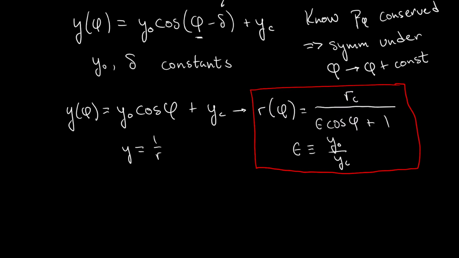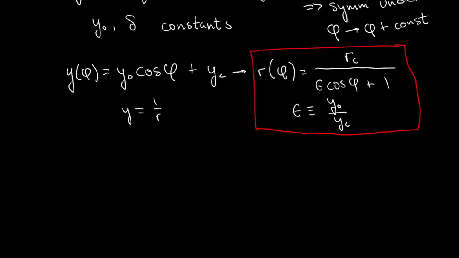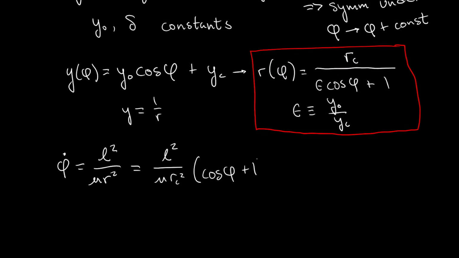So now, we can just go ahead and plug this into our other differential equation, which is phi dot. And we know this is L squared over mu r squared. Then we can plug this solution in, and we get L squared over mu rc squared times epsilon cosine phi plus 1, squared.